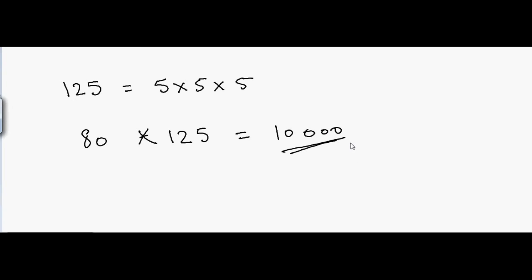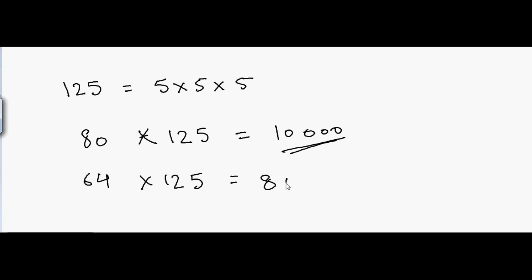Again, let's take another example. If I have 64, as we know 8 into 8 is 64. In this case, if I multiply by 125, that will be equal to 8, because we divided 64 by 8, and then put 000 in the end.